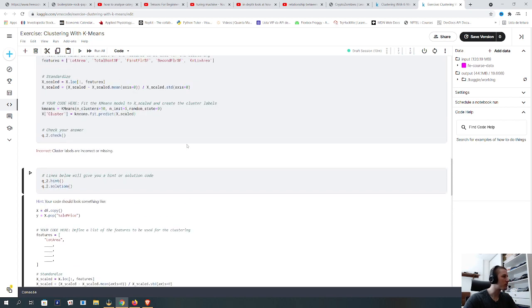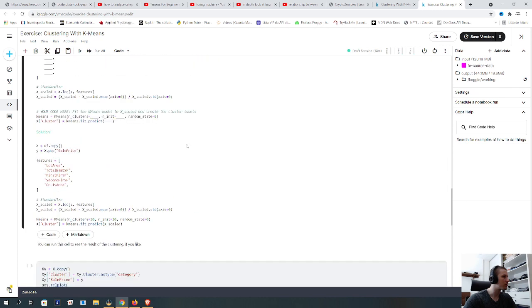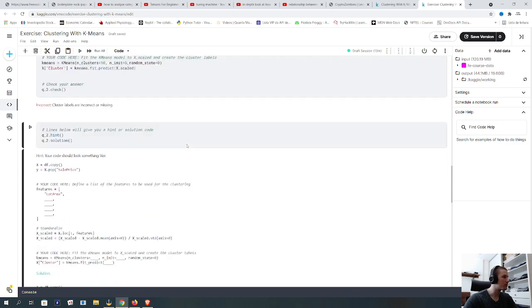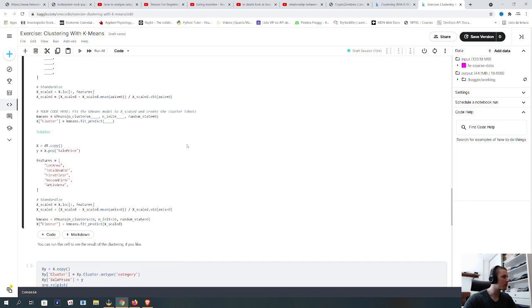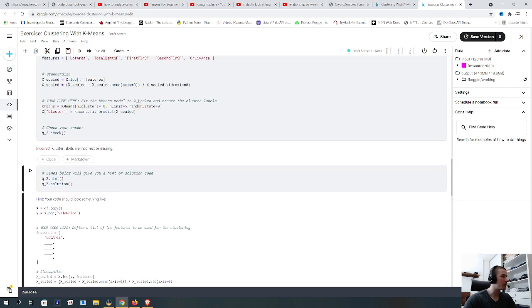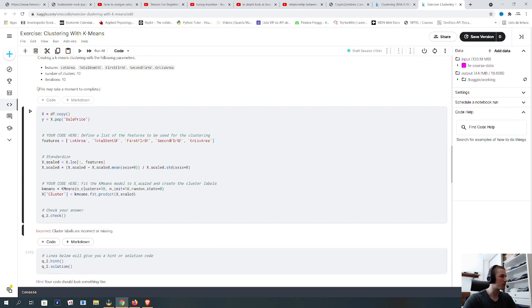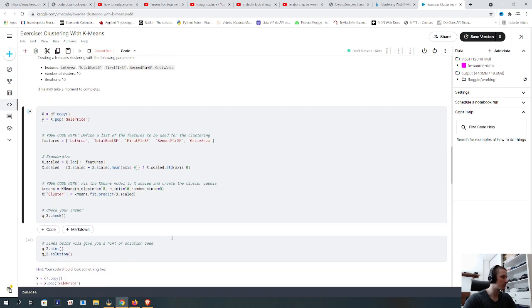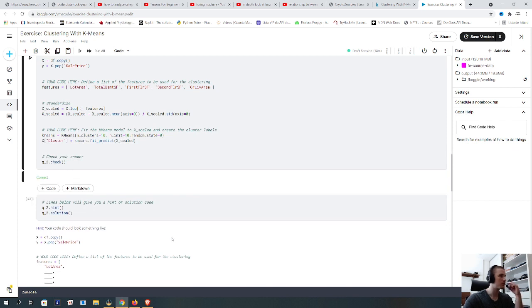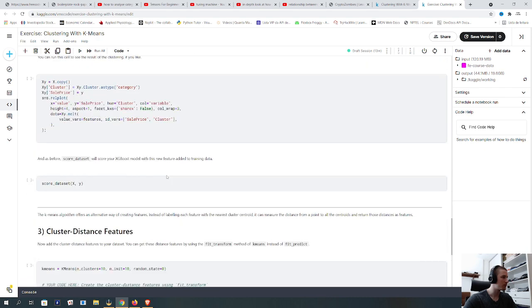So what's wrong with my thing? n_clusters. Oh, and it needs to stand. Maybe that's the problem. Yeah. But I don't know how I'm supposed to know that n_init equals 10 and not 5 or some other number. Yeah, I don't know.